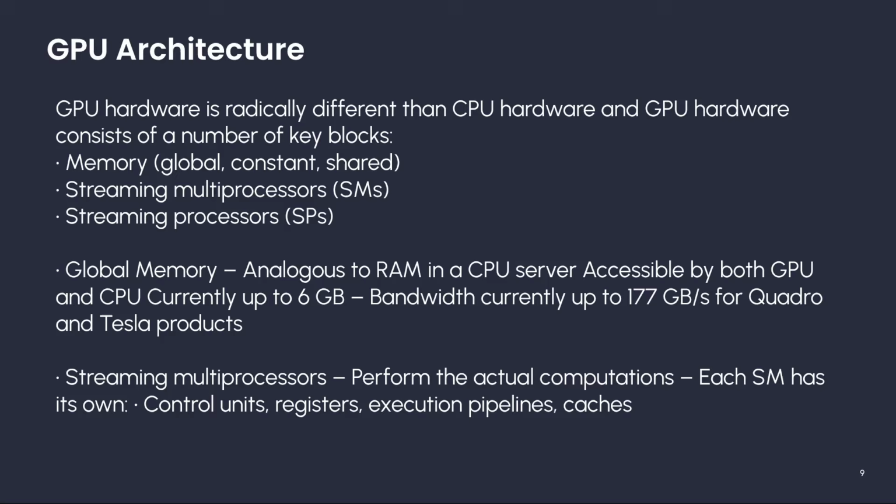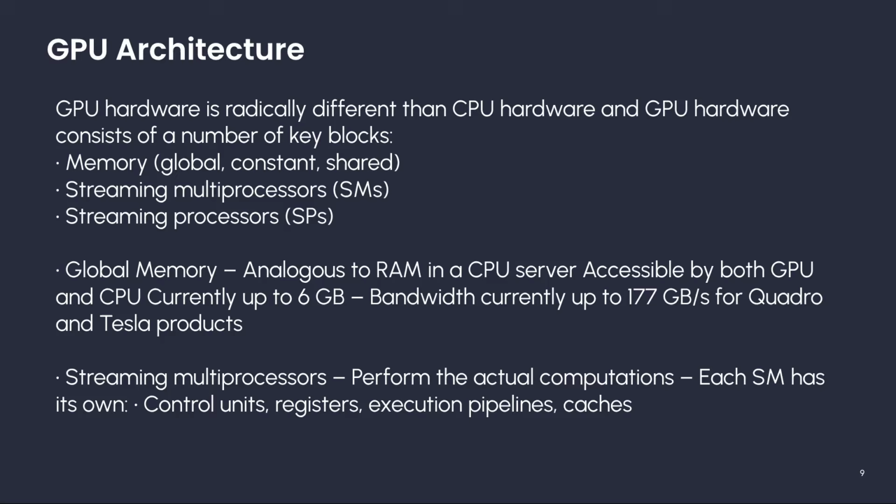So GPU architecture. GPU hardware is radically different from CPU, as I said, and GPU hardware consists of a number of key blocks. GPU हार्डवेअरमध्ये मेमरी असते, स्ट्रीमिंग मल्टीप्रोसेसर्स SM आणि स्ट्रीमिंग प्रोसेसर्स. These three are the components. So global memory, analogous to RAM in a CPU server, accessible by both GPU and CPU, currently up to 6 GB.